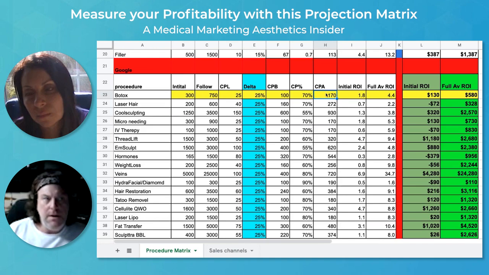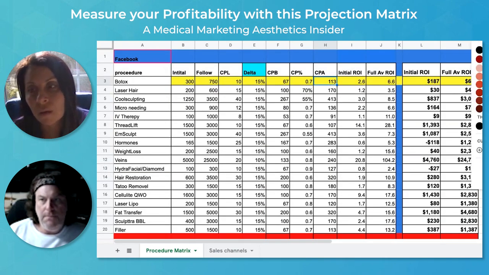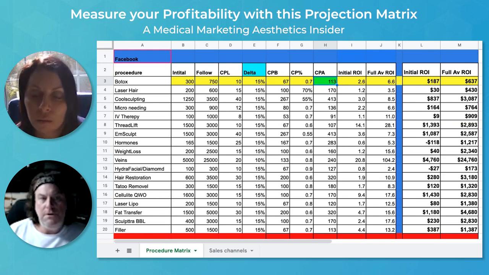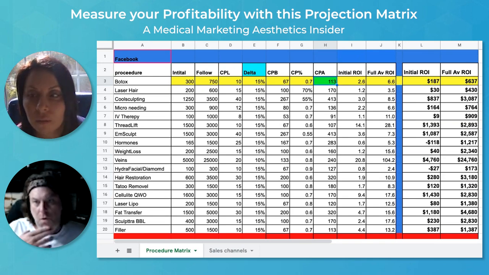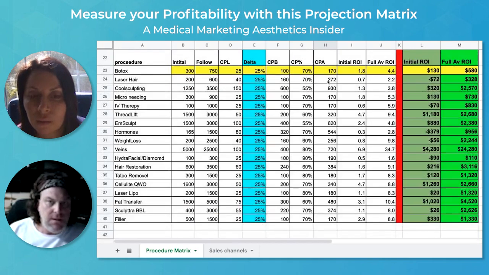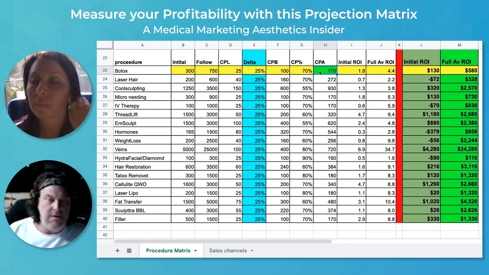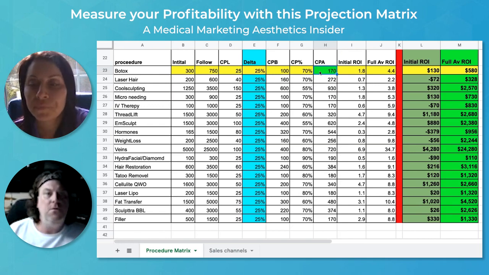With interruption marketing, you have to convince the person that you are the practice, the doctor, the MA, the PA, the person that can be trusted with this procedure. In Google, that's a little different of a spectrum, because they're already looking and they've made a decision. They're clicking a button to force the issue.